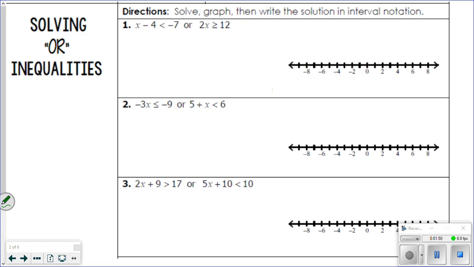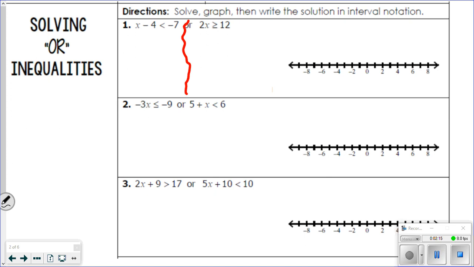So let's take a look at how to solve these. I have one inequality, x minus 4 is less than -7. And I have another inequality, 2x is greater than or equal to 12. These are two separate inequalities, so we're going to solve them separately. So over here, we want to get x by itself.